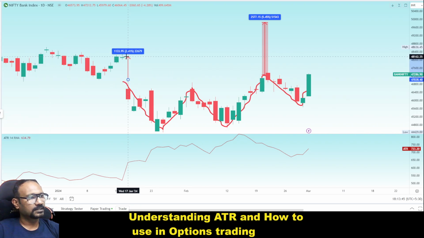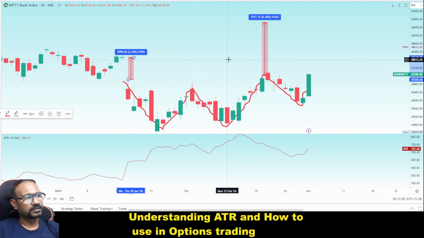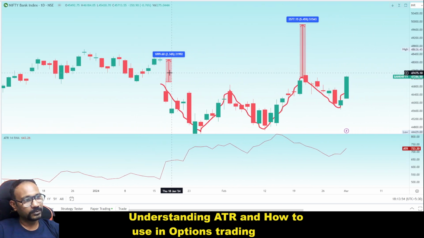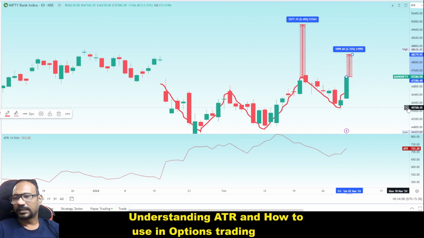This is the least that you can expect to fill. That's about 1100 points. So at least market will use this upside momentum to fill this 1100 points. That much is a sensible thing to keep in mind.